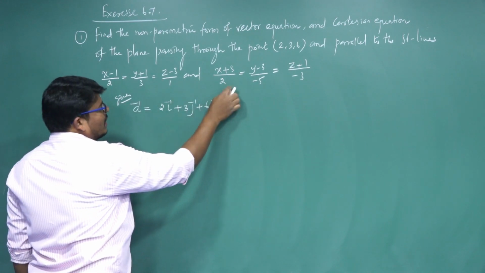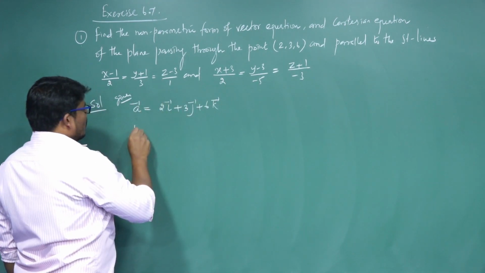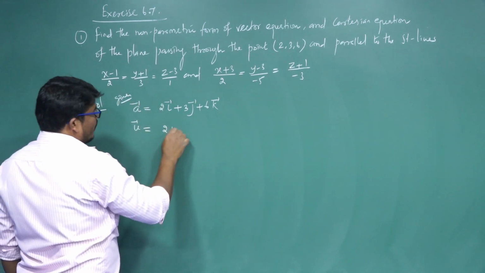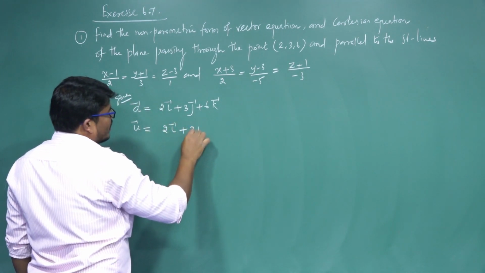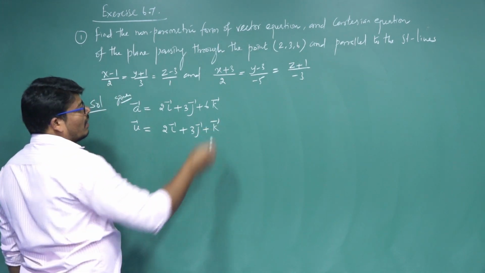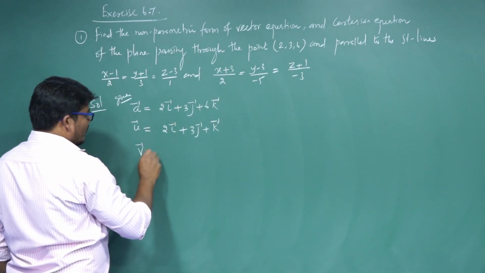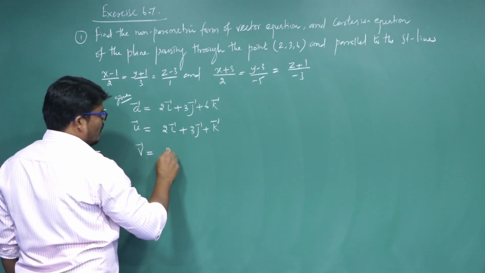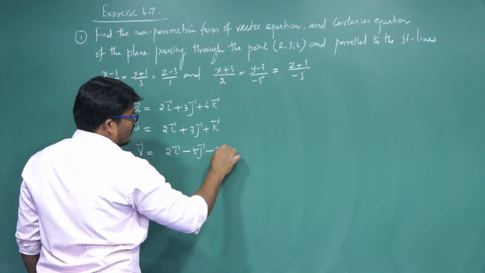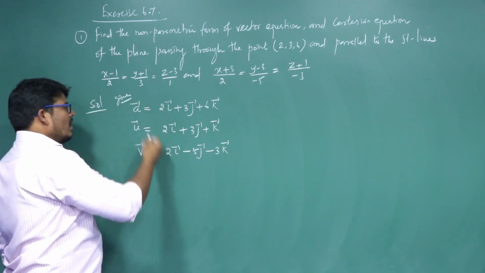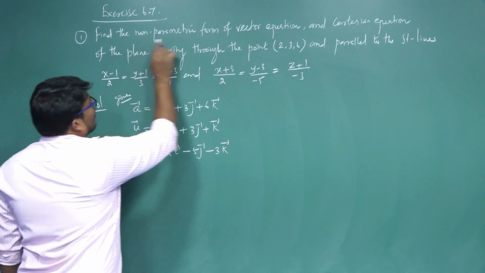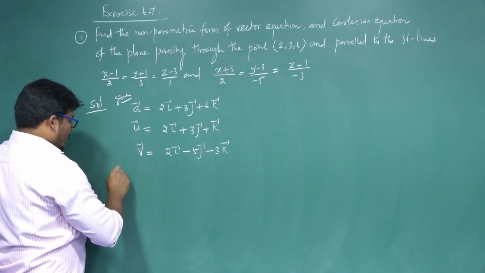One of the parallels is u vector equals 2i plus 3j plus k, and the second parallel is v vector equals 2i minus 5j minus 3k. That is one point and two parallels.